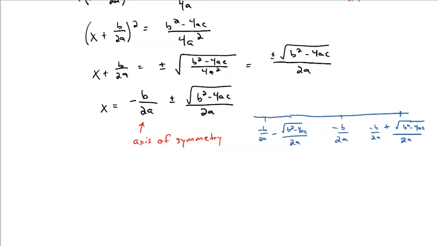Okay, I can mark these 2 points on the graph just like I did prior. I know there's a lot of letters and it's sort of a mouthful, but the concept is identical. And here's my axis of symmetry coming right down through negative b over 2a.